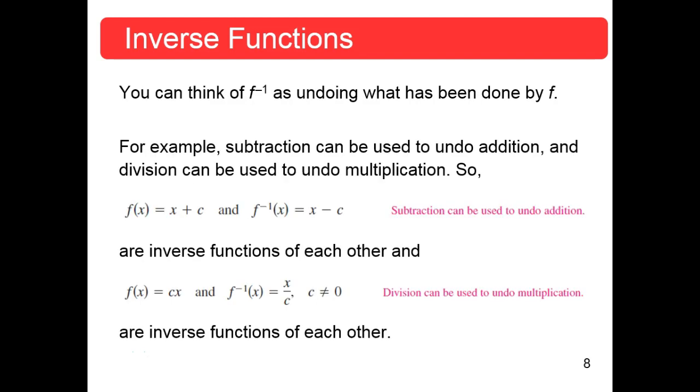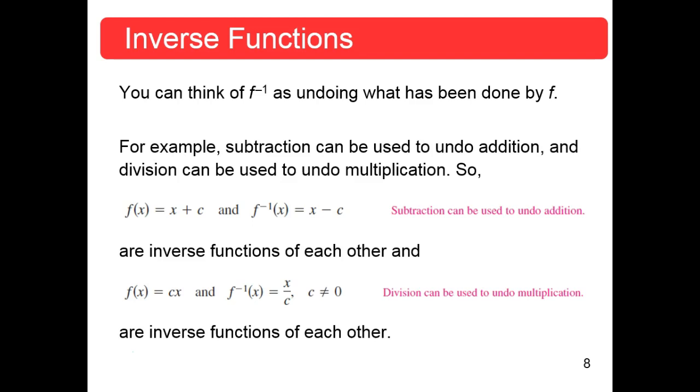Now you can think of f inverse as undoing what had been done by f. For example, subtraction can be used to undo addition. Division can be used to undo multiplication. You did that way back in grammar school. Radicals or roots can undo powers. Powers can undo roots.